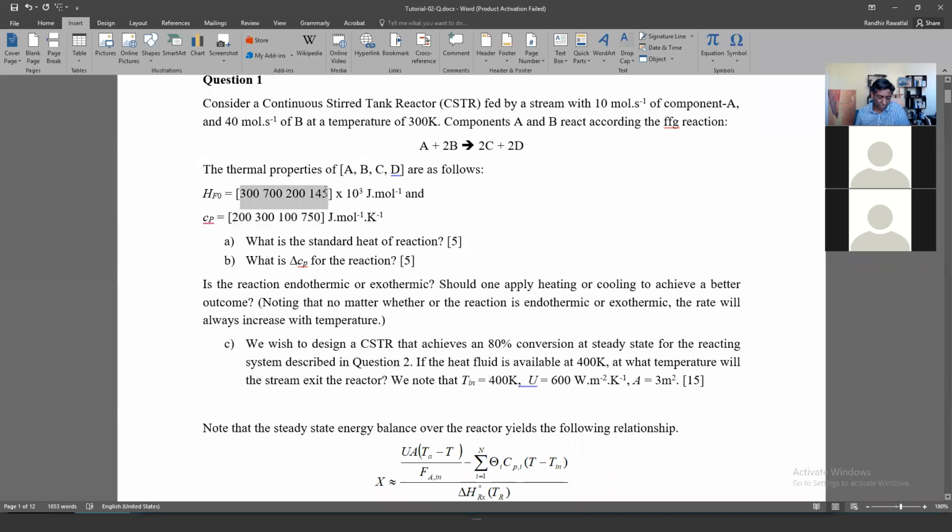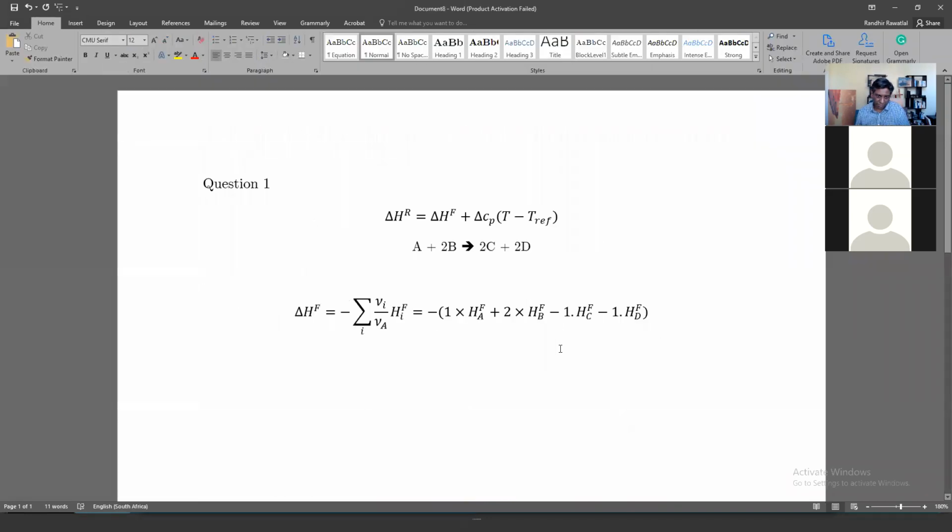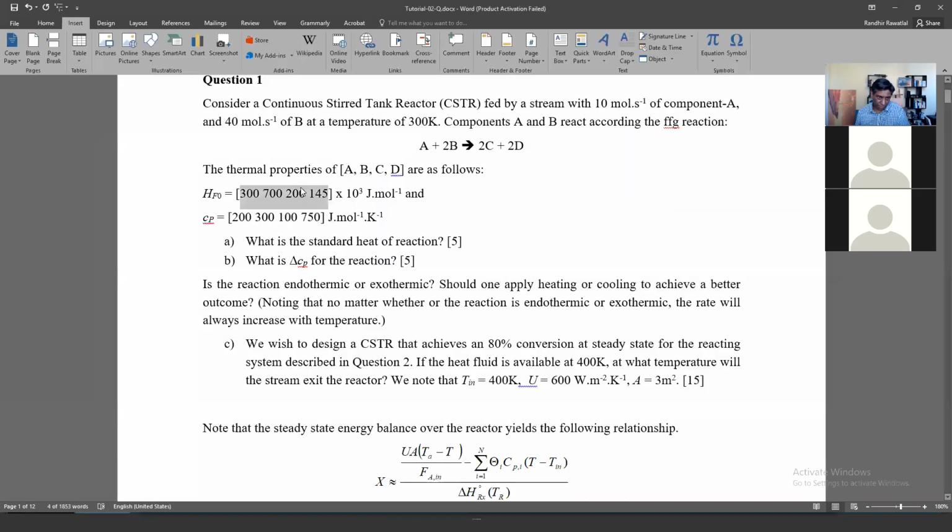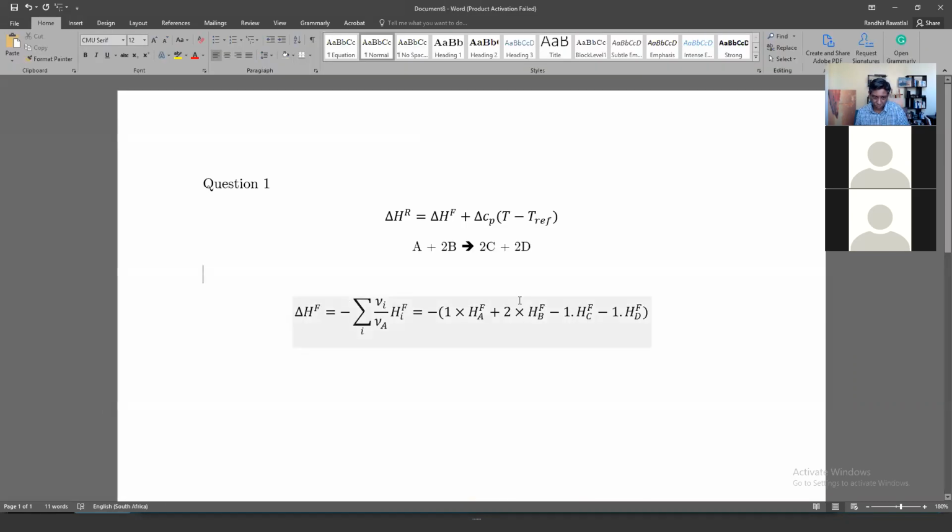But in terms of the heat of formation, clearly the reactants are going to be higher. So with your reactants being 700, so it's 2 times 700 and 1 times 300, and then minus 200 and minus 175. Certainly, your reactants are going to have a larger contribution here.